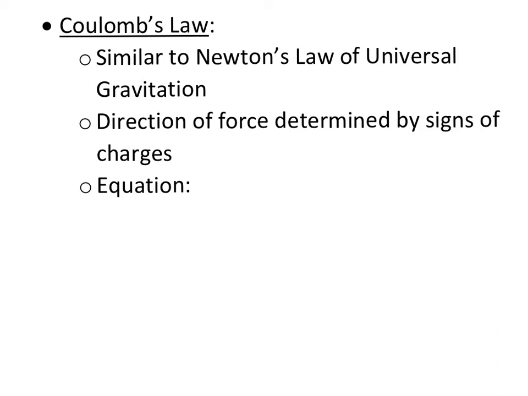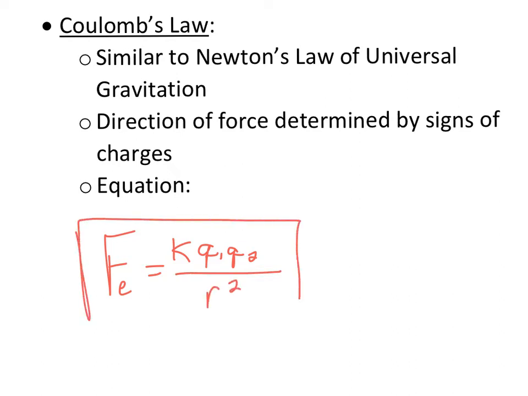And the equation for Coulomb's law, Fe for electric force, equals K Q1 Q2 over R squared, where Fe is the electric force, K is a constant.